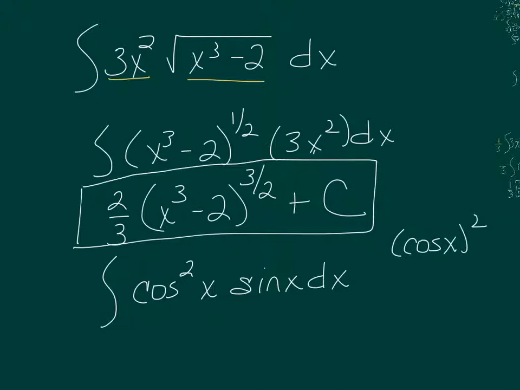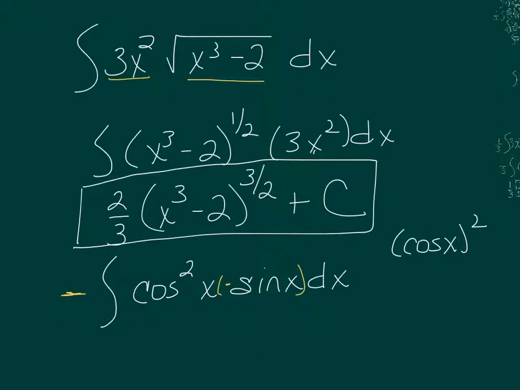And what is the derivative of the cosine? Well, it is a negative sine. So if I have to add a negative right here, I have to add a negative out here, so that I really haven't changed anything.